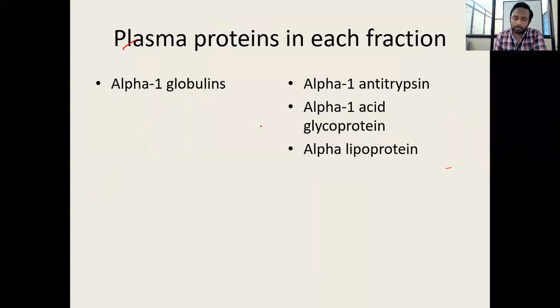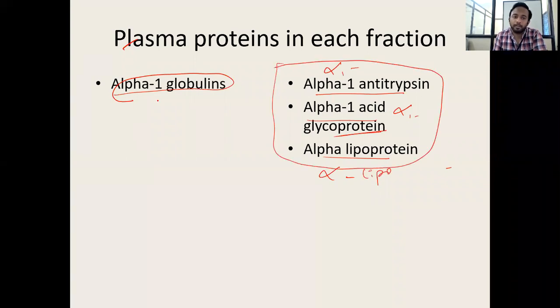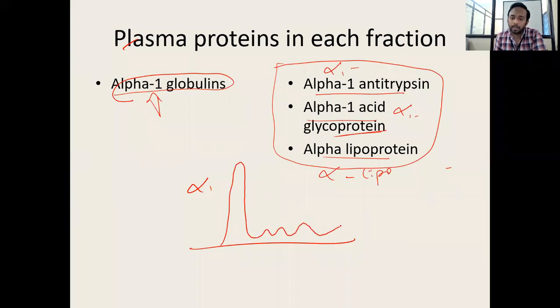Now individually, what are these made up of? For example, alpha 1 globulins are made up of different components: alpha 1 antitrypsin, alpha 1 acid glycoprotein, and alpha 1 lipoprotein.